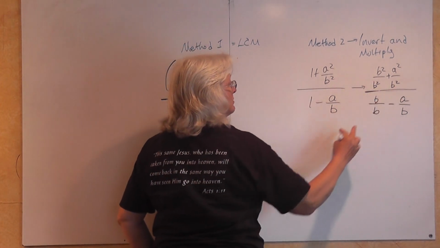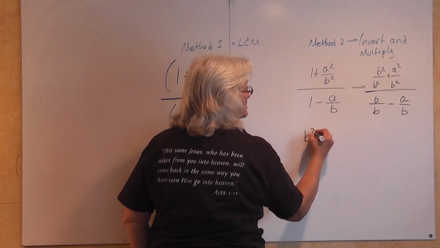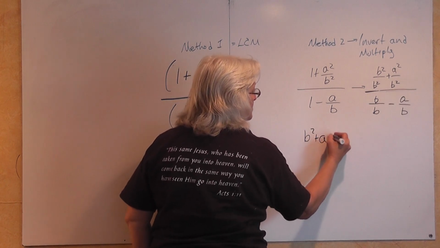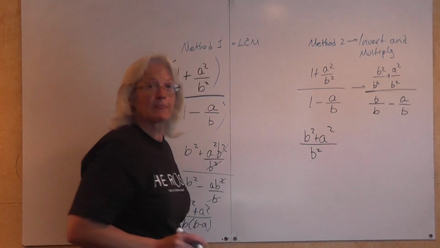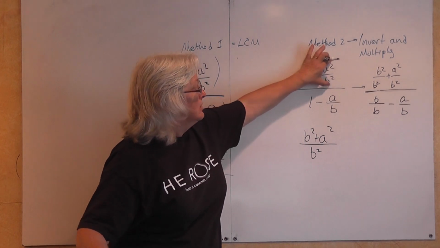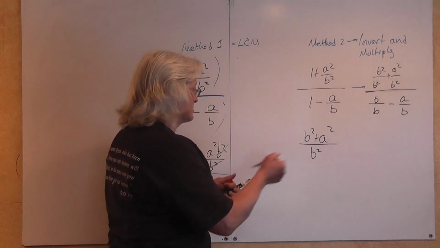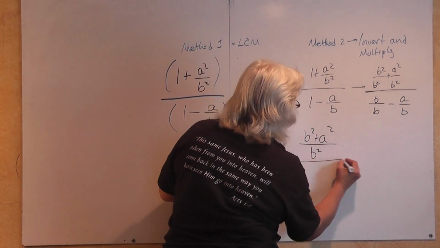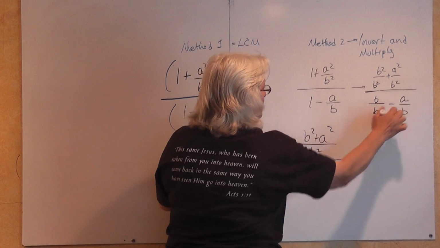Now, in this numerator here, same denominator, so we have b squared plus a squared over b squared. That's how we combine these two rational expressions. B squared plus a squared over b squared. All of this is over b minus a over b.